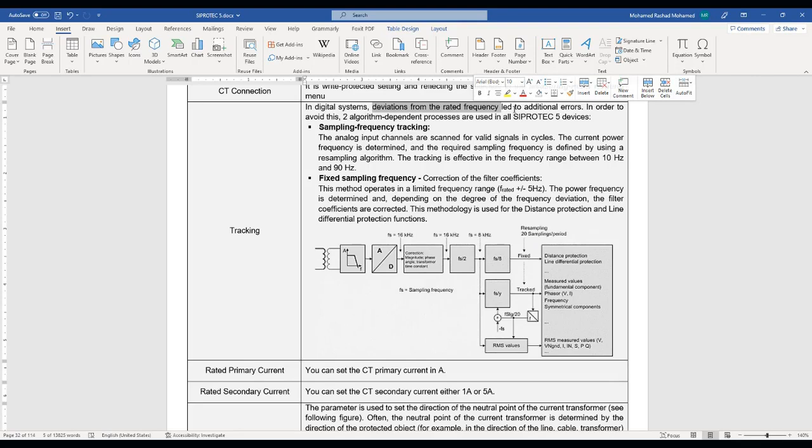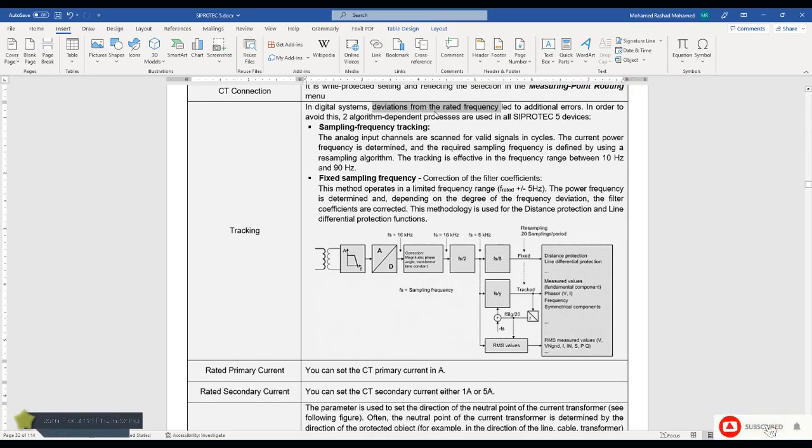So that even when I come to get the RMS and calculate my values, I calculate them in a correct way. So to ensure that we are consistent, improving the results that come from the rated frequency, there are two algorithms used in SIPROTEC 5. First, what is the improvement? It reads the current or reads the voltage.